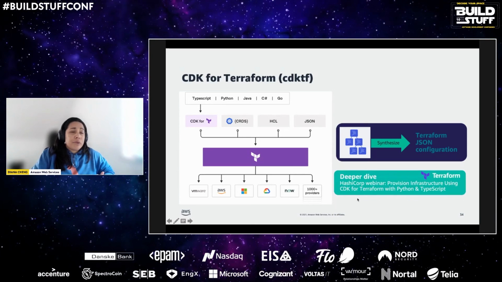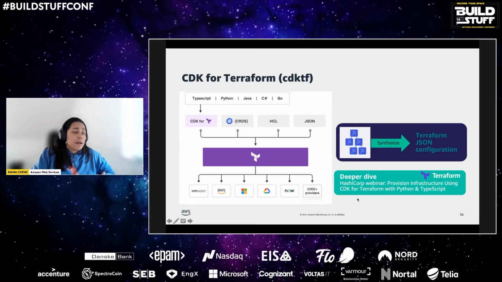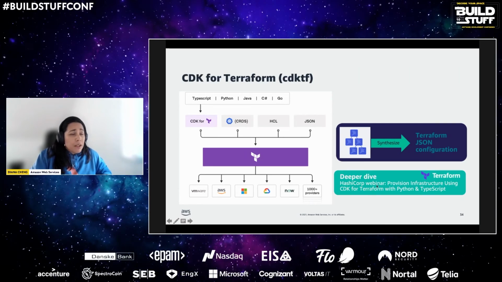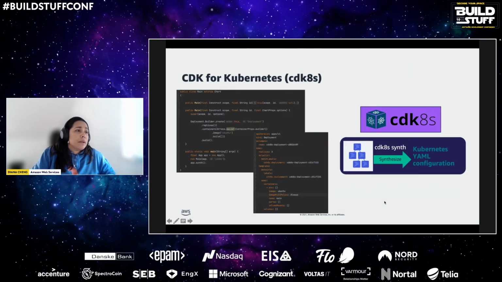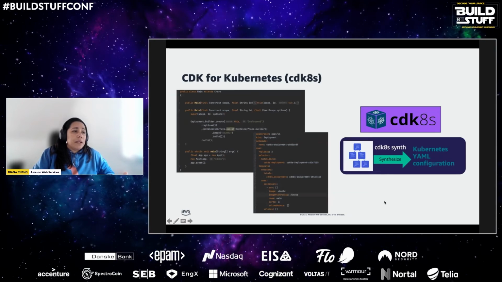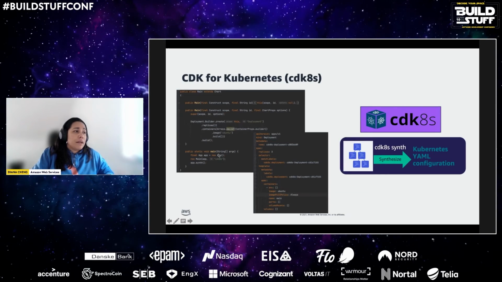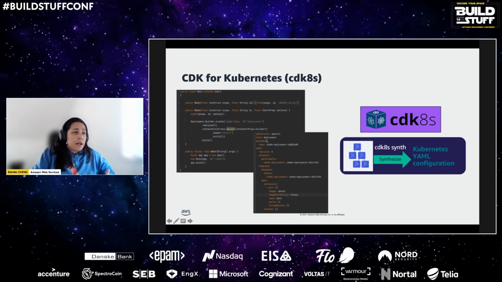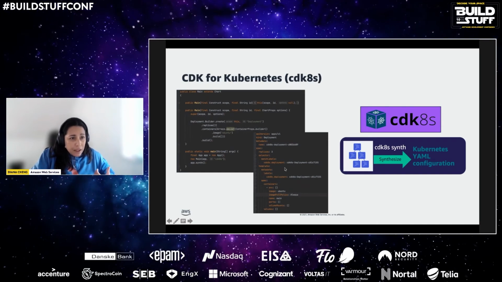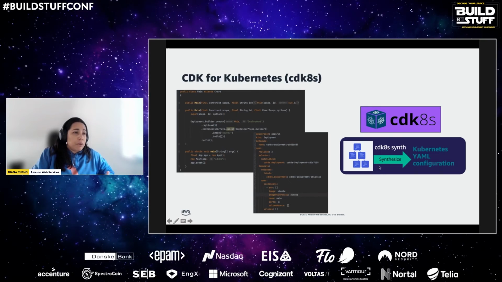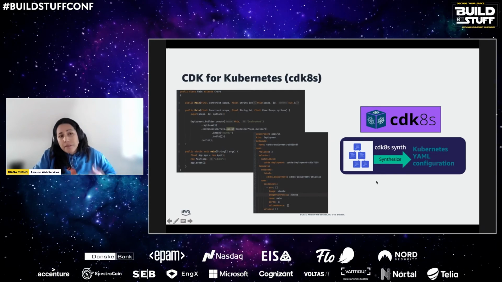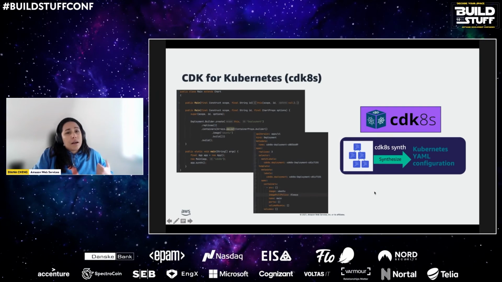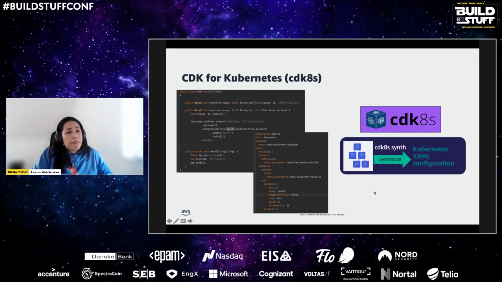And I encourage you also to dive deep into that if you're interested with this webinar available by HashiCorp. There is CDK for Kubernetes as well. Again, define your Kubernetes deployments in code, and you end up with a Kubernetes manifest that you can deploy also to any self-managed Kubernetes cluster or a Kubernetes cluster in any cloud, whether it's AWS or not.